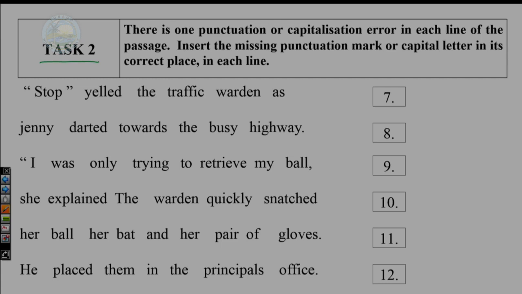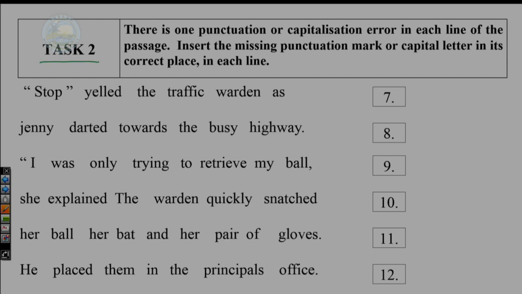Now, task 2 requires, and let us read the instructions, which is very, very important in doing any examination. The instruction says, there is one punctuation or capitalization error in each line of the passage. Insert the missing punctuation mark or capital letter in its correct place.